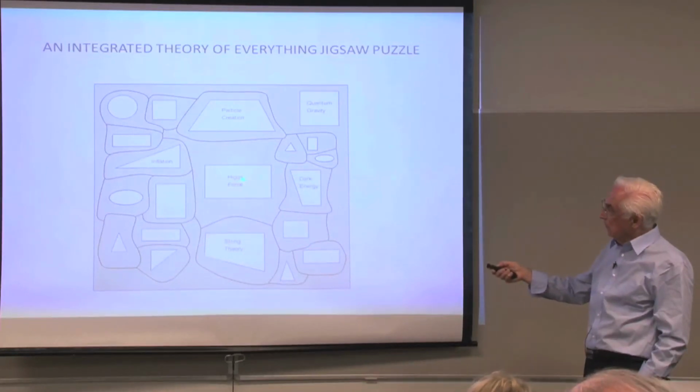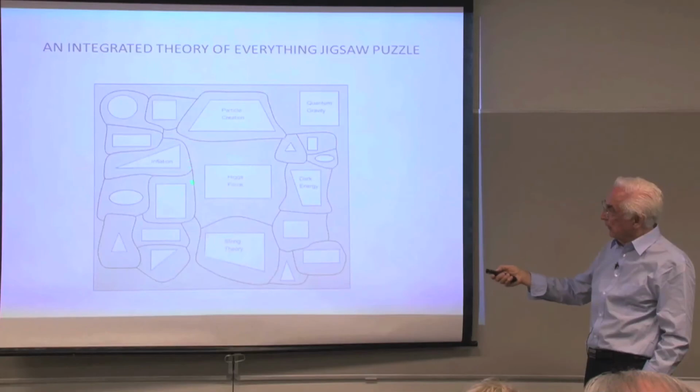And one example of an amplified requirement is, when I described the Higgs force, I said the matter particle and the Higgs force were one and inseparable. You could not have a matter particle without the Higgs force, or the Higgs force without the matter particle.